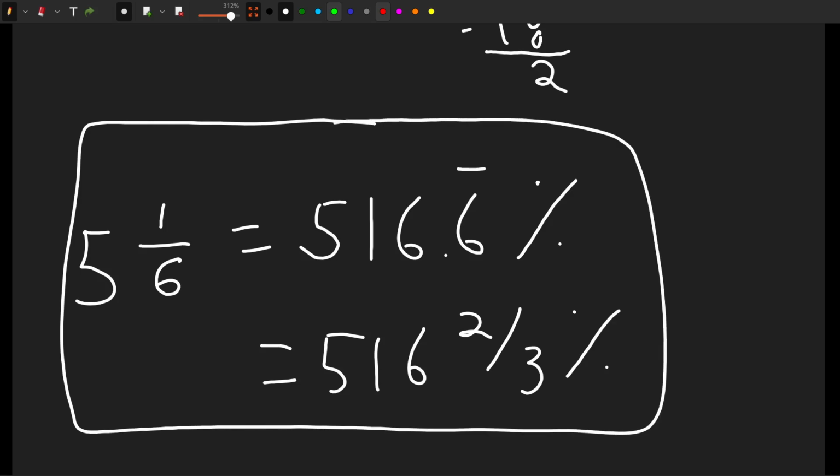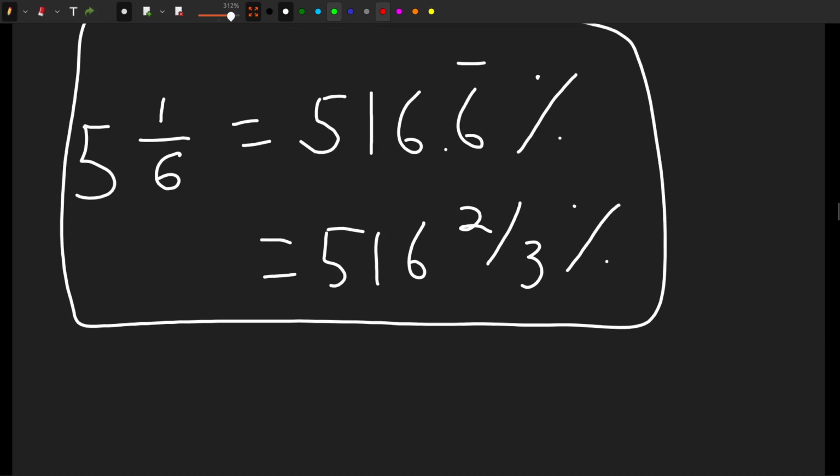Okay. The next few problems we're going to deal with are going to be converting decimals to percentages. We'll start with the first problem of 0.63. In order to convert a decimal to a percent, it's actually really easy.